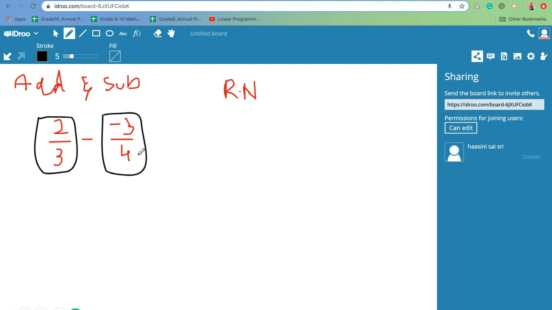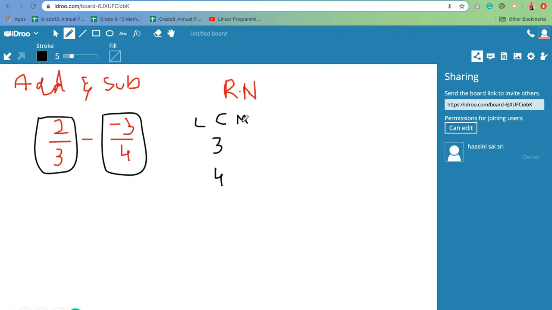The process I follow is the same as the thing I follow for fractions. Till my denominators are same, I cannot solve anything in the numerator. So as you see, I'm going to take the LCM, least common multiple of 3 and 4.